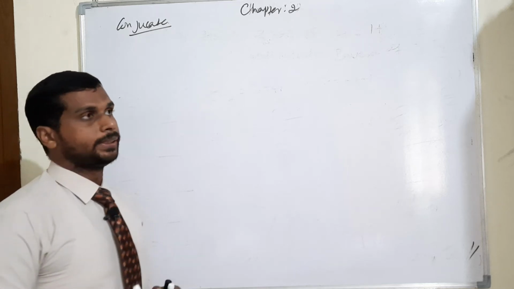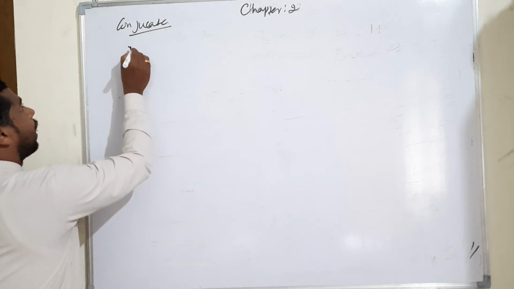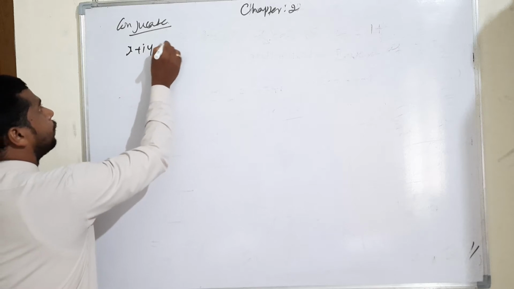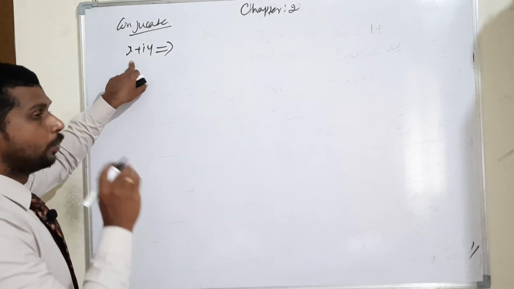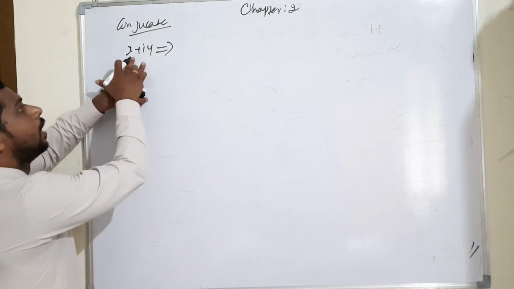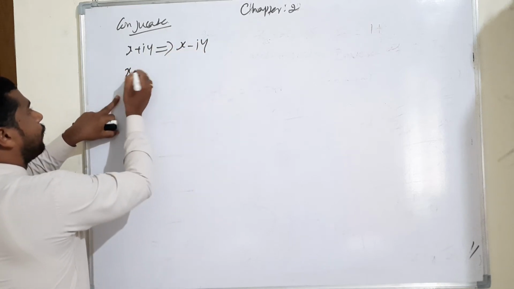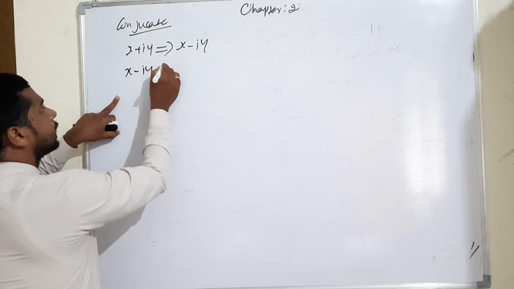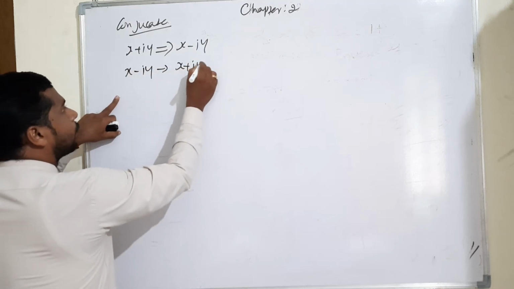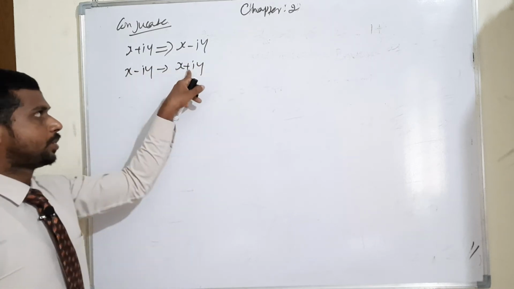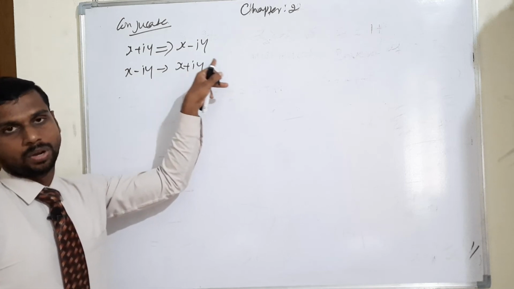That is called the conjugate. For example, I have one complex term, x plus iy. To convert it to its conjugate, you have to change the sign, so x minus iy. Then if you have x minus iy, you change minus iy to positive iy, that is the conjugate.